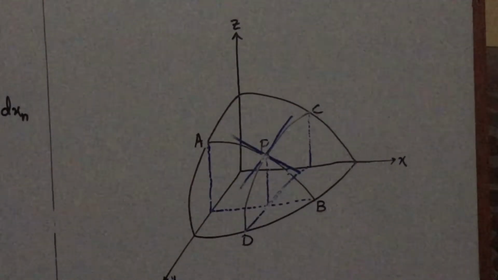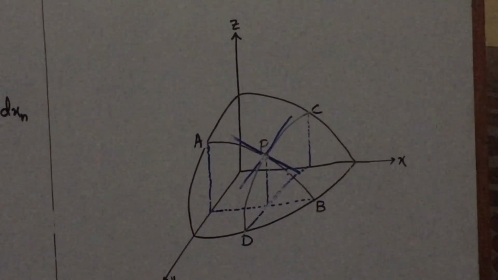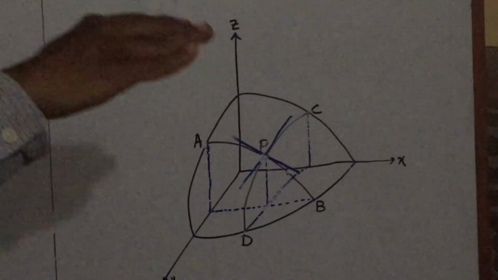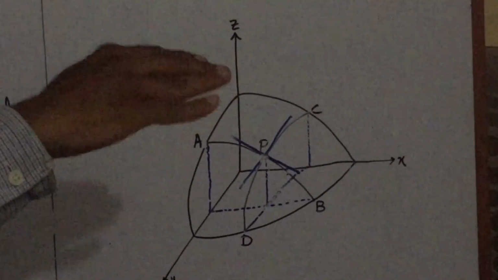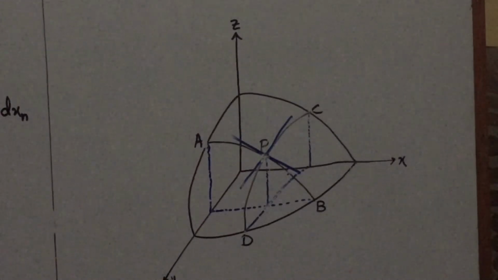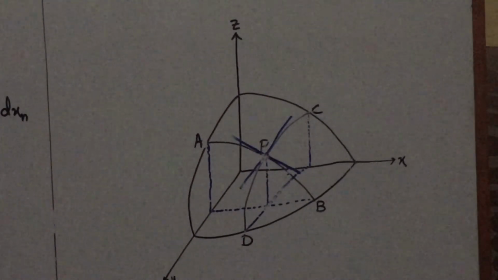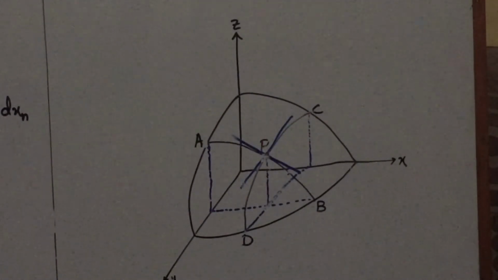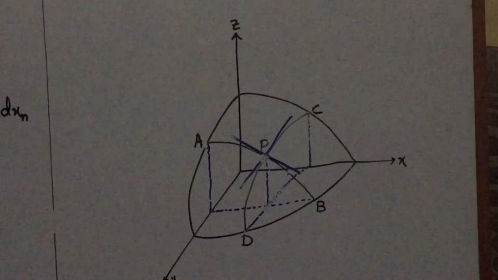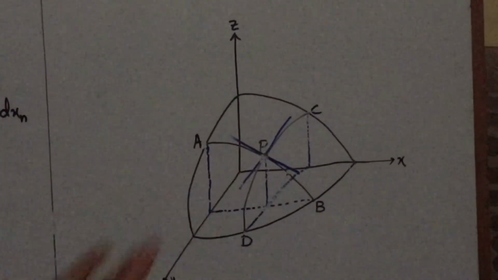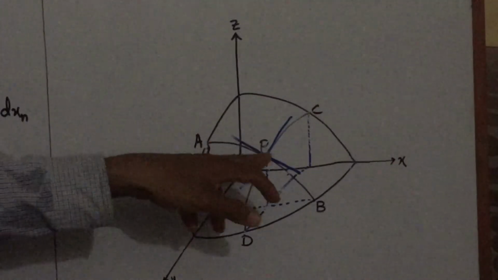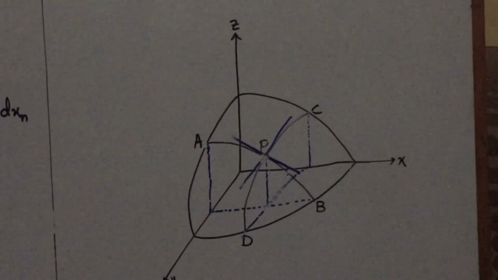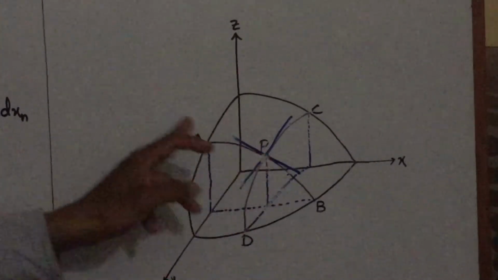So that's why we equate it to 0. But we don't know whether it is a maximum or a minimum at this particular point. So here P is the intersection of two curves.